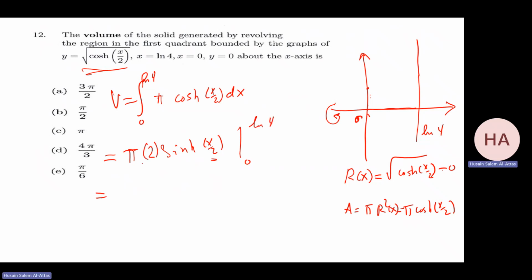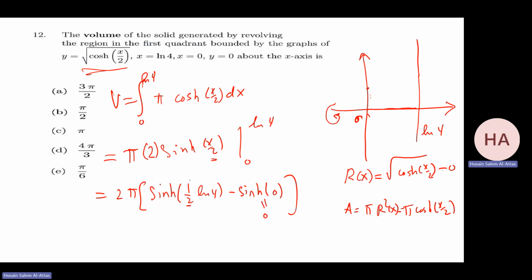So I have 2 pi times, be careful, sine hyperbolic of half ln 4 minus sine hyperbolic 0. I know sine hyperbolic 0 is equal to 0.